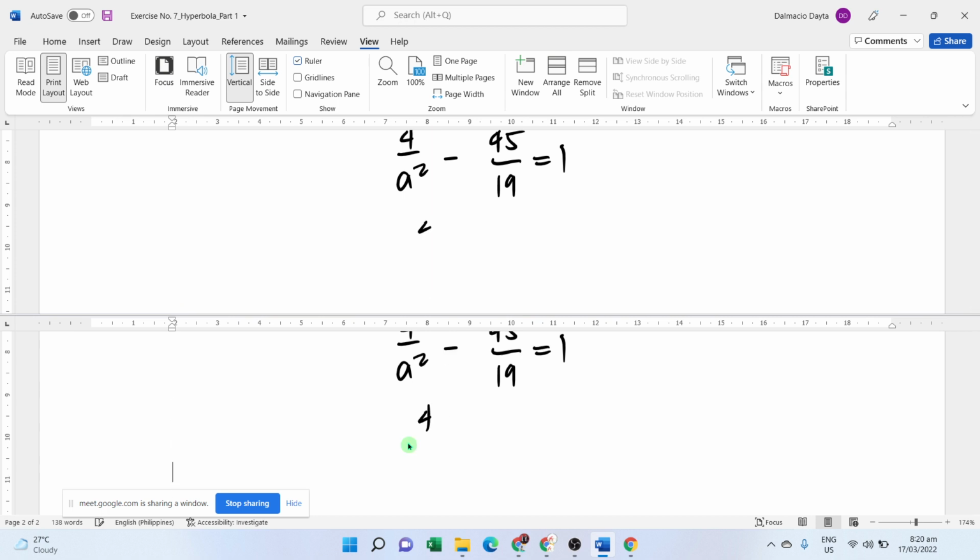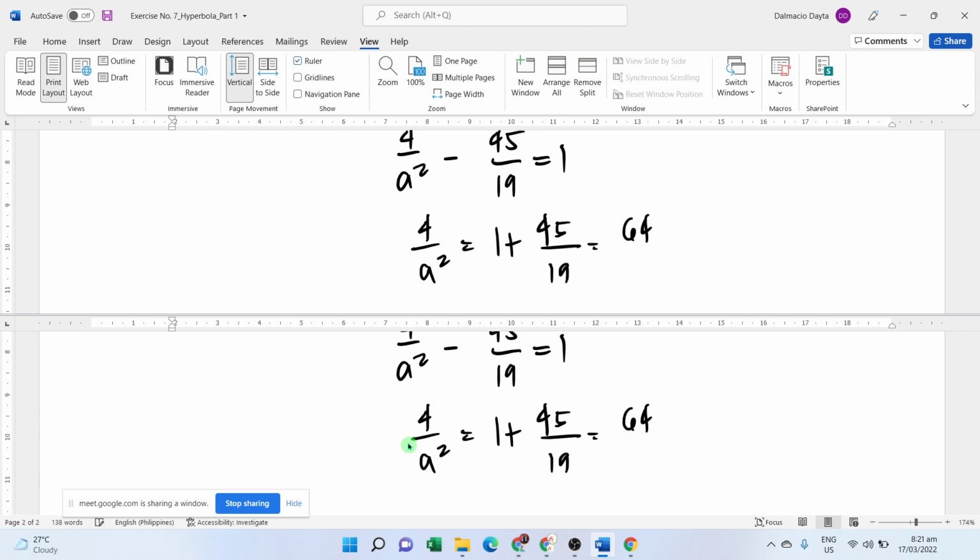So 4 over a squared is equal to 1 plus 45 over 19, and that is 19 plus 45, which is 64 over 19.